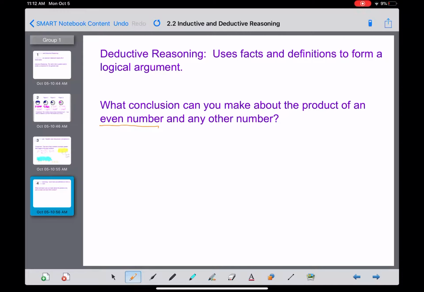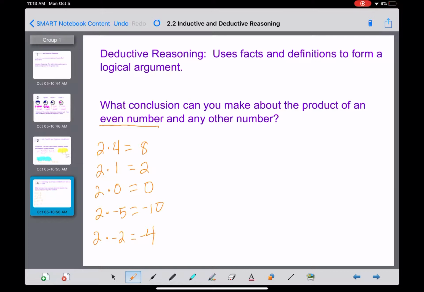So if I'm looking at 2 times 4, that's 8. 2 times 1 is 2. 2 times 0 is 0. 2 times -5 is -10. 2 times -2 is -4.